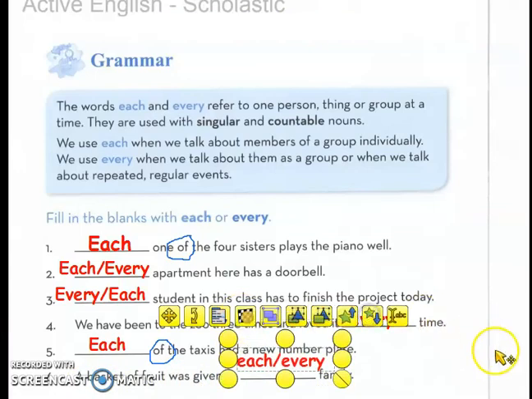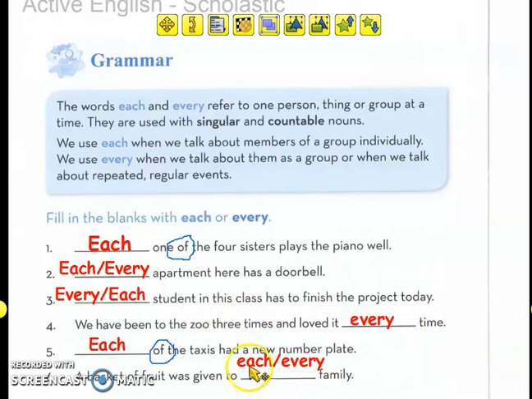Here again, my student, we can use each and every depending on the context or the meaning. We can say that a basket of fruit was given to each family individually, بشكل فردي, لكل عائلة بشكل فردي, or we can say that a basket of fruit was given to every family as a group, كمجموعة. Okay? So, again, we use of with each.